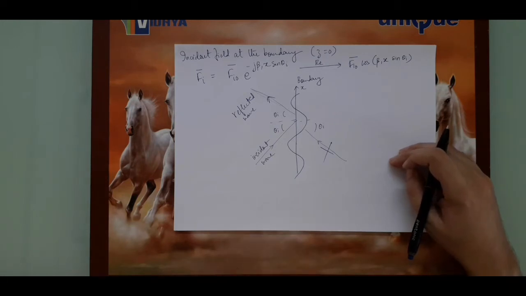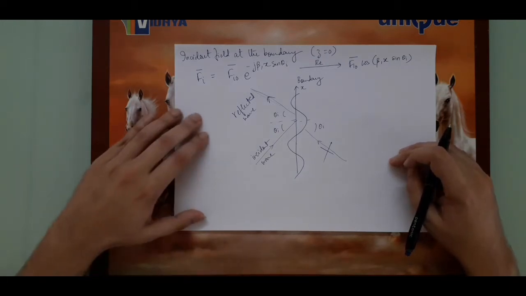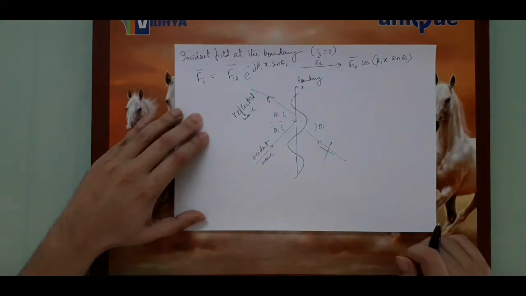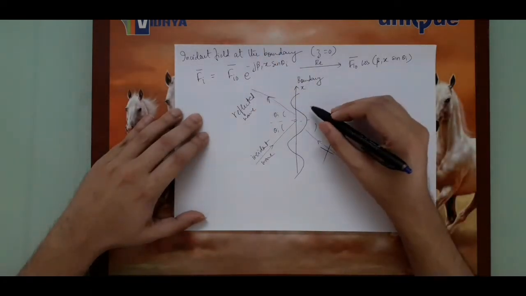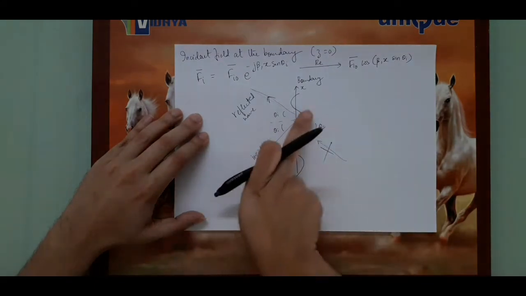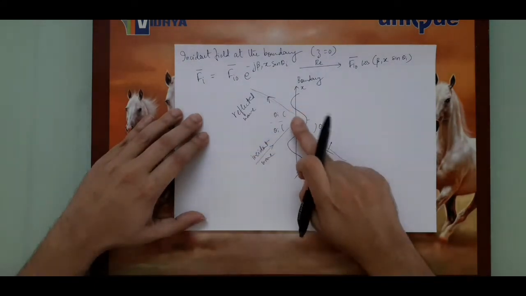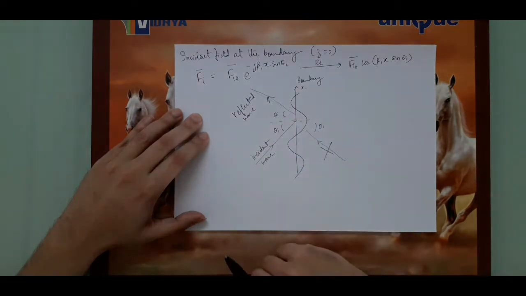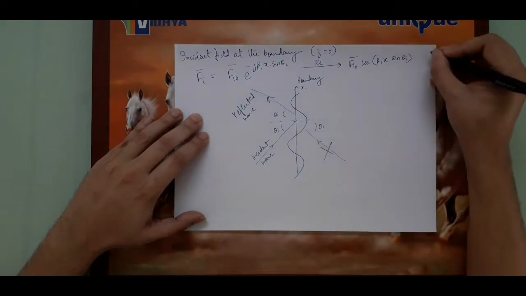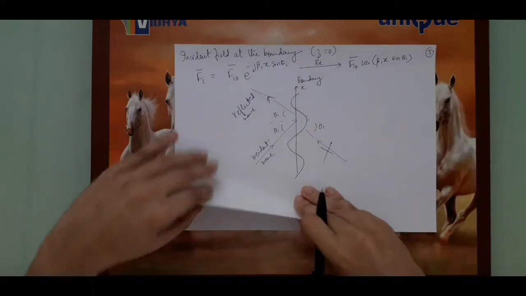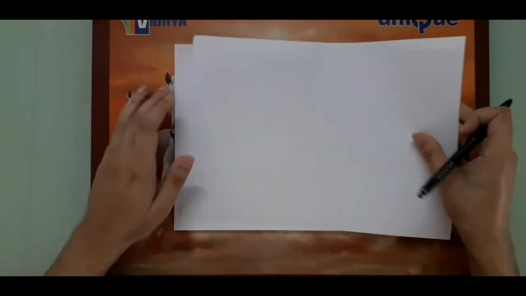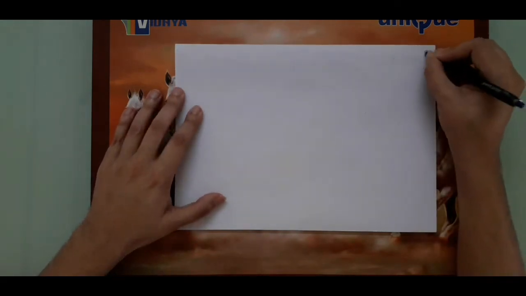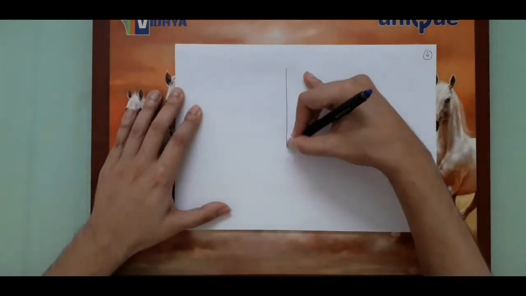Now let us forget about this for a moment. Let us look at this from a slightly different angle, and let me use a new page so that you don't get confused. This is the boundary.